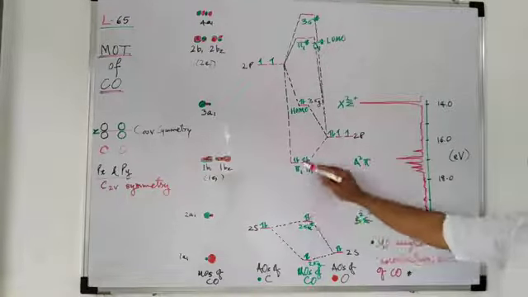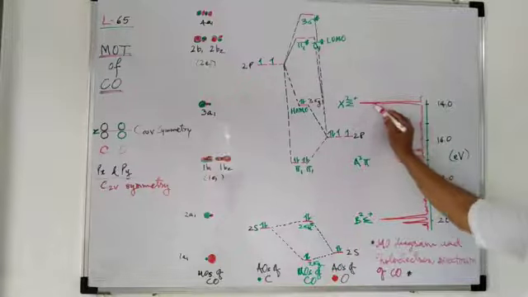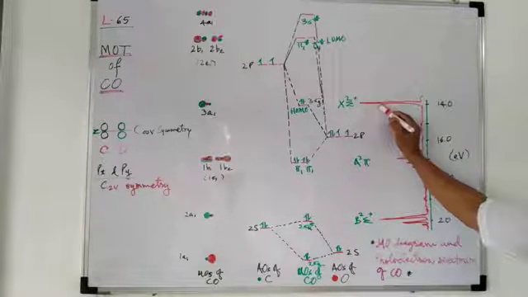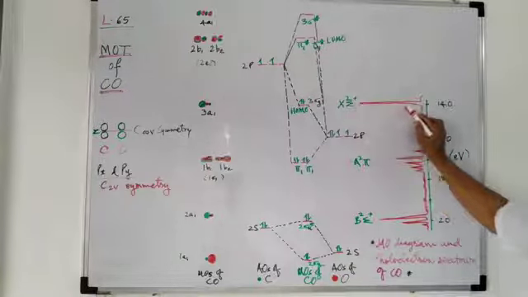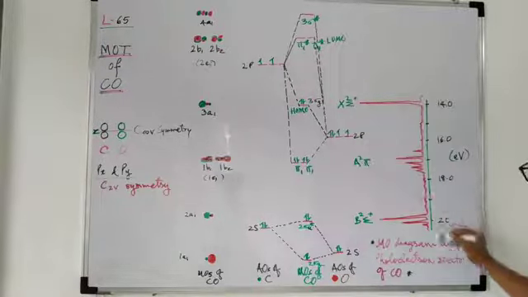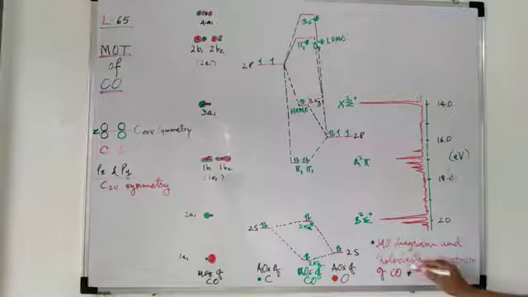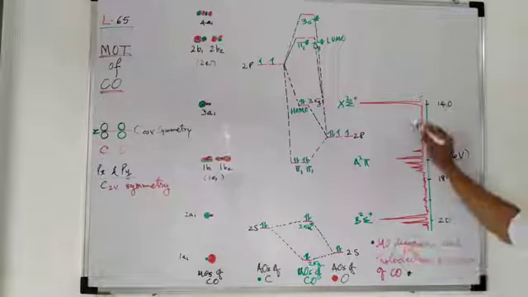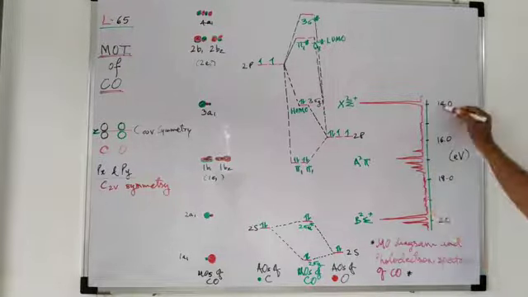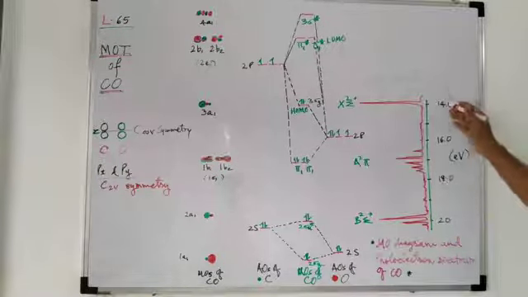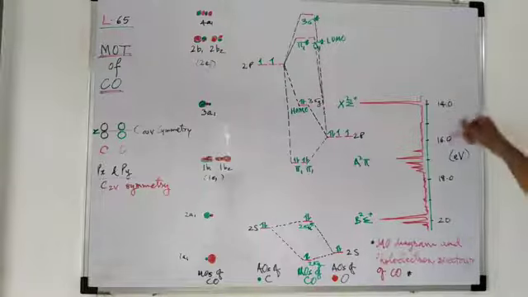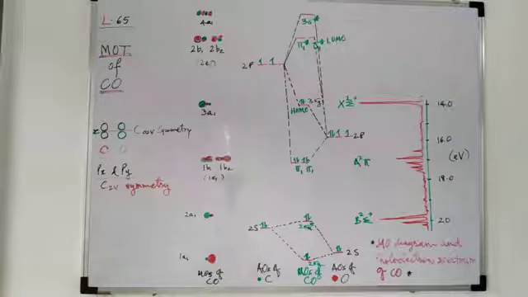So these energy levels are correlated. Energy level of this 3 sigma G is correlated to this peak, which appears in this photoelectron spectrum of carbon monoxide. So the energies are like this: 14 electron volt, 16, 18, 20. So the value is increasing in downward direction.